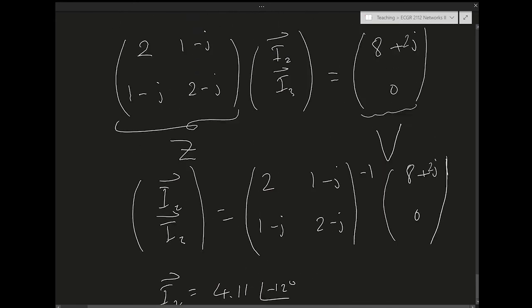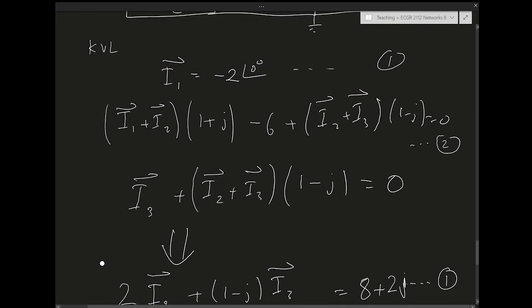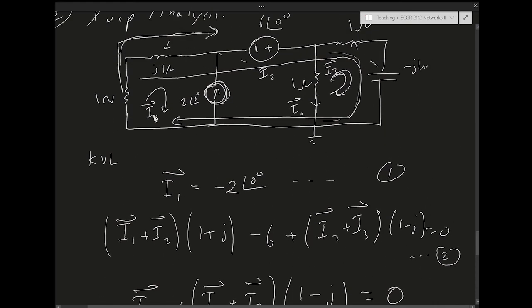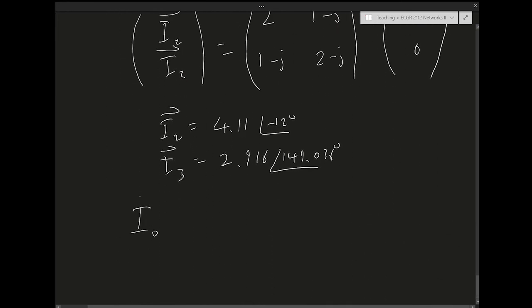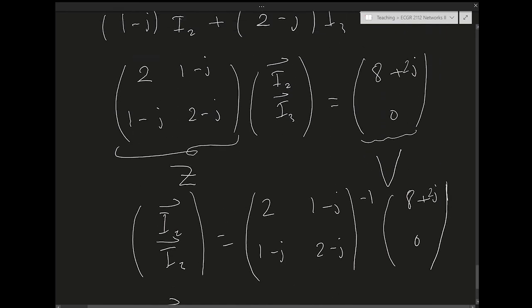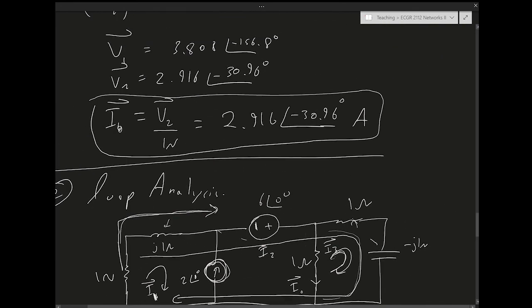But then I0 is going to be minus I3, so the current is going to be minus 2.916, 149.036 degrees. What did we find it to be in nodal analysis?